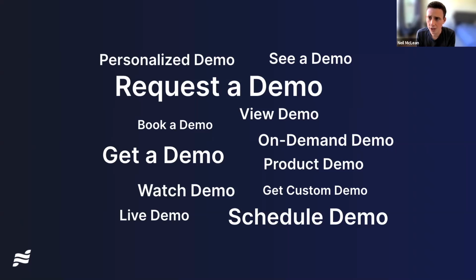But what we'll see here is something that we've experienced when doing our research, is that oftentimes a demo doesn't actually correspond to that demo in the first call. And what we've seen is a lot of teams switch their demo-based CTA to something that's actually reflective of the sales process. What often happens is people request a demo and they go into the first call expecting to see the product, see how it works. And what ends up happening is that they talk to a 22-year-old SDR that's just asking them questions and they're not seeing any value from that conversation.